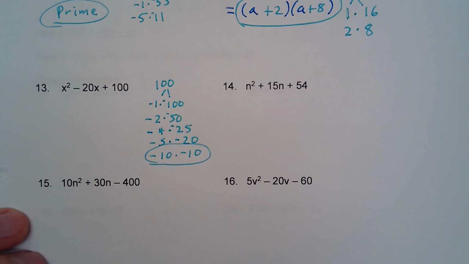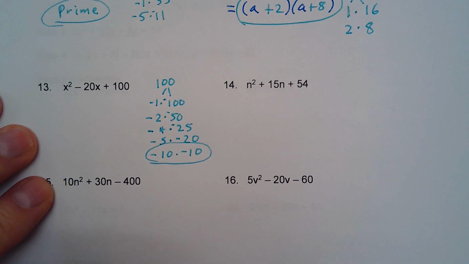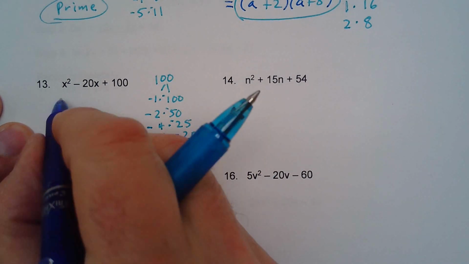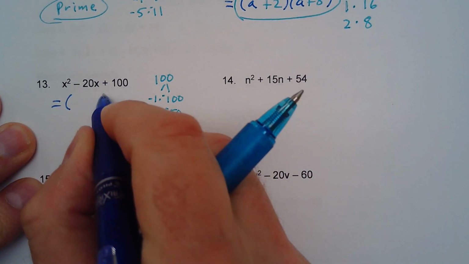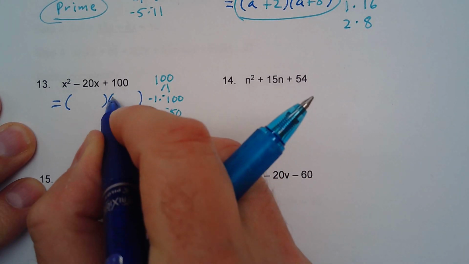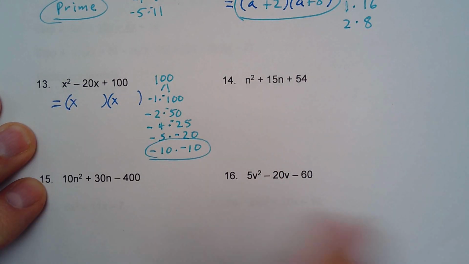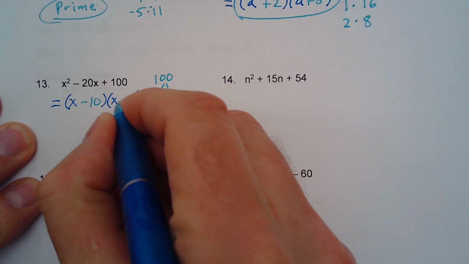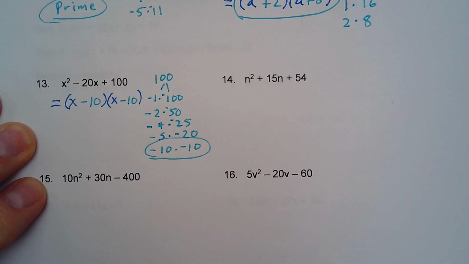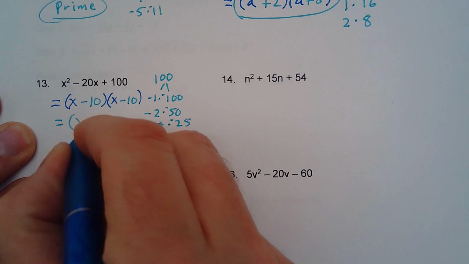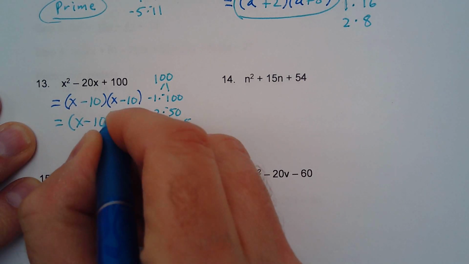That's the combination I want. So we're going to rewrite this as x minus 10 times x minus 10. And that can be rewritten as x minus 10 quantity squared.